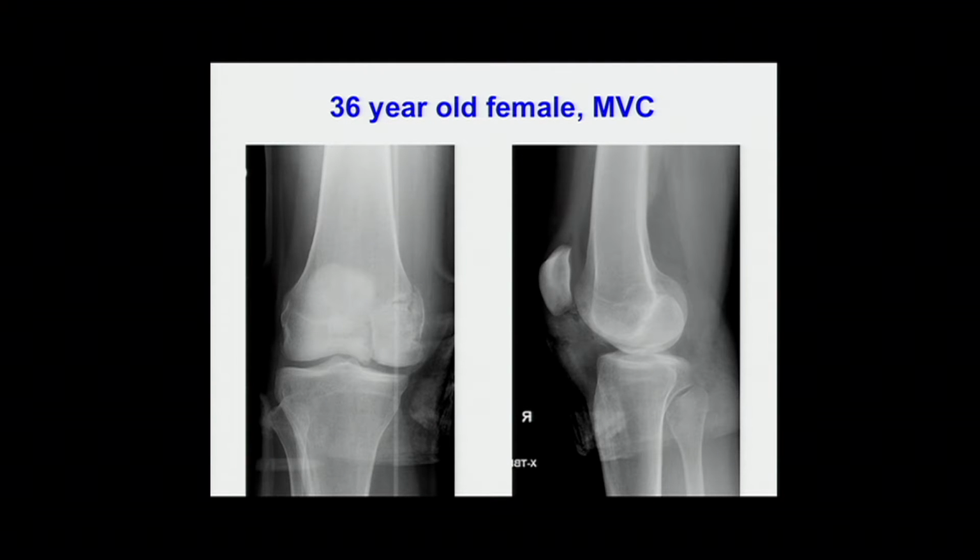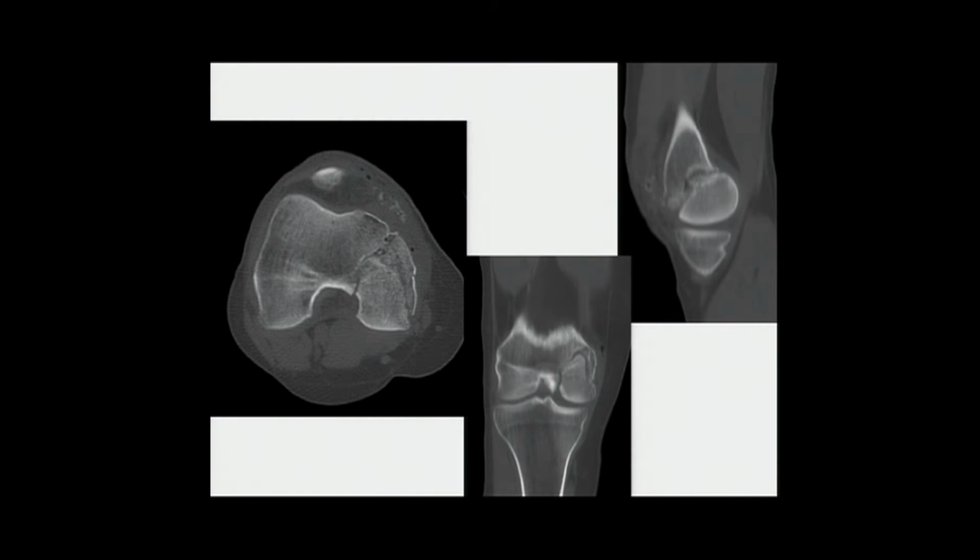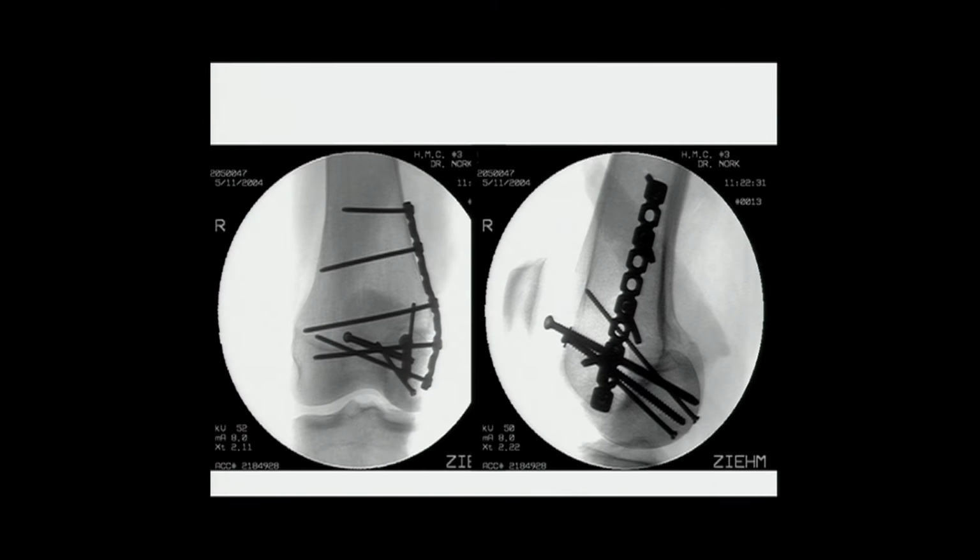And here's just an example from several years ago. Young female involved in a motor vehicle crash with a medial-sided fracture, and you can certainly see the extension of the coronal plane fracture isolated on the medial side. The CT scan shows the very characteristic arrangement and fracture plane. And then the fixation for this.